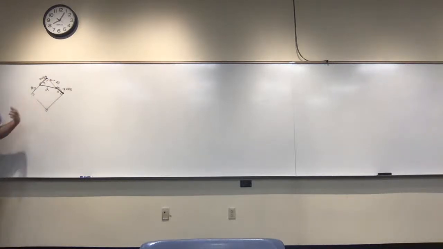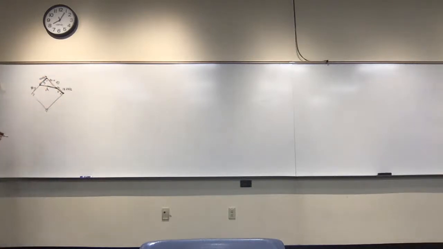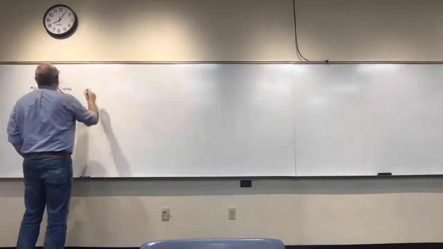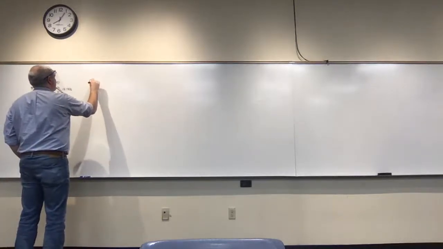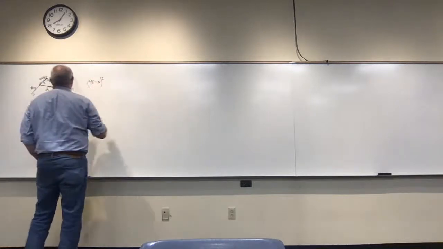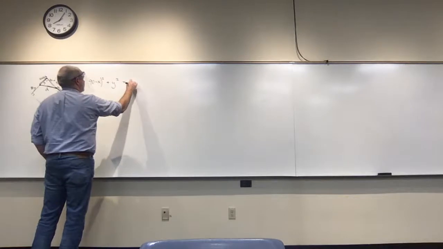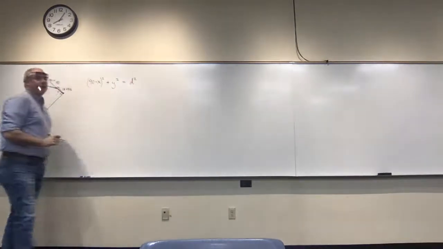So what I want to do is relate all of these things, the X, the Y, and the D. I see that I have a right triangle right here. So this right triangle gives me that 90 minus X squared plus Y squared is equal to D squared.